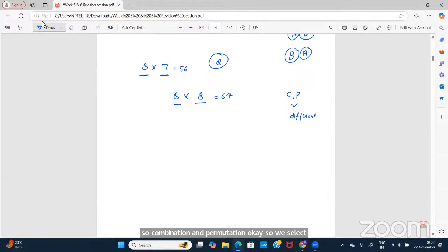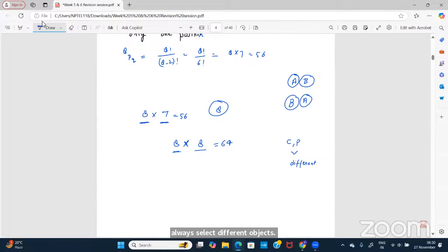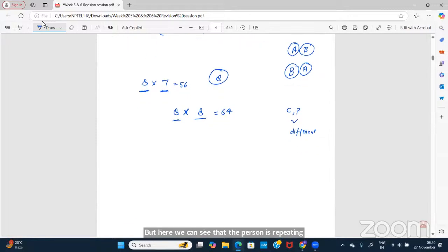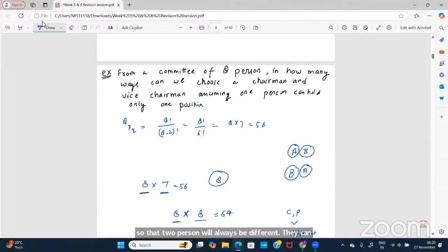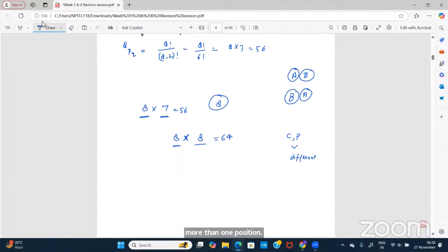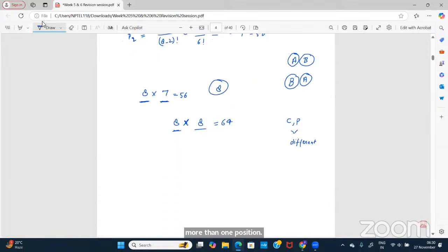But here we can see that the person is repeating. So in the formula 8C2, the 2 persons will always be different. They can never be the same. But here the condition is that one person can hold more than one position, right? So we can repeat the objects. So that's why it will be 8 into 8.